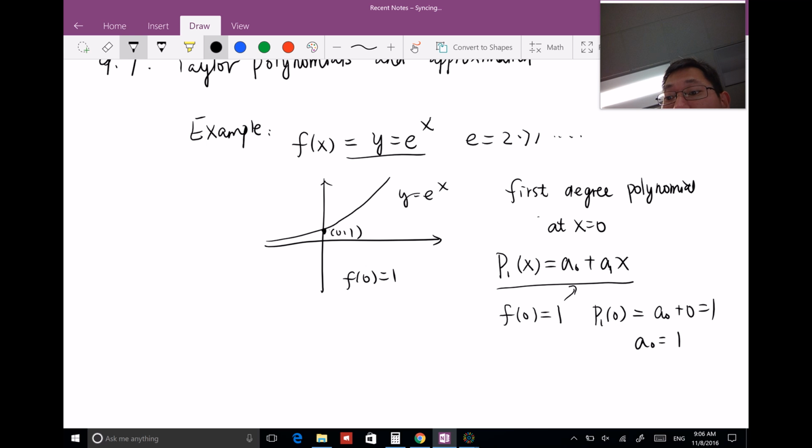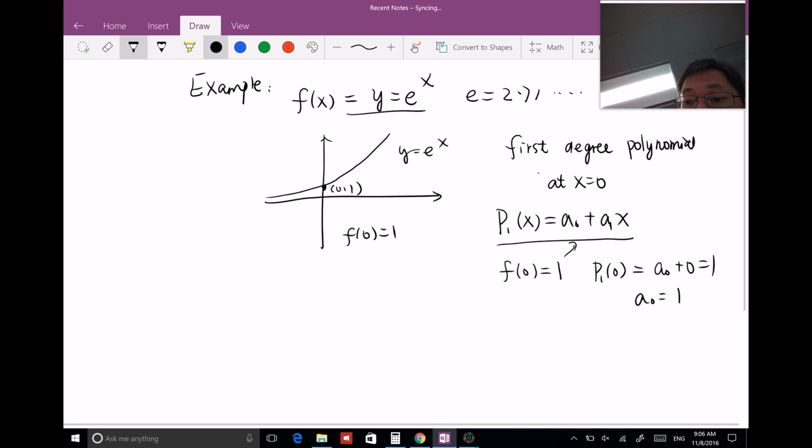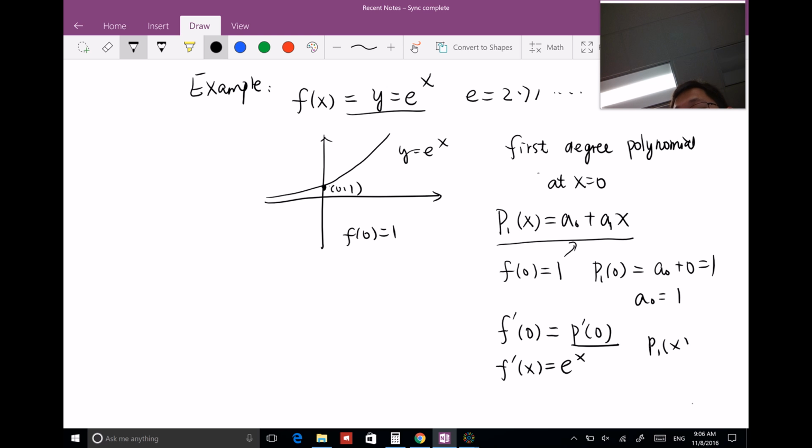Okay. So the next one, if we take the derivative, f prime of 0 equals, if I take the derivative of the original function, what do I get? It's P prime of 0. If you take the first derivative, for the function itself, f first derivative is e to the power x. For the polynomial function, the derivative of a0 equals 0.